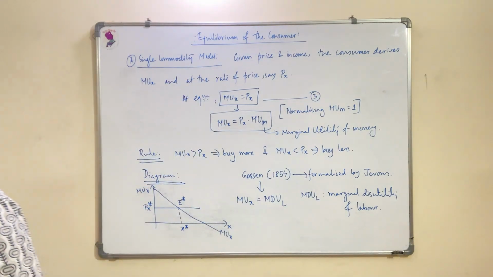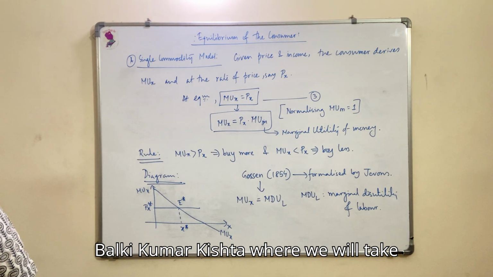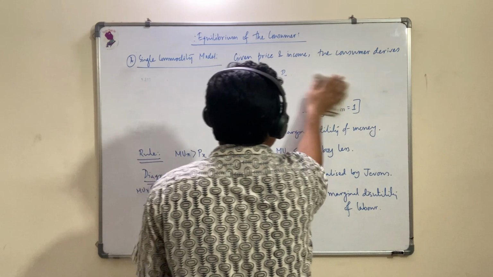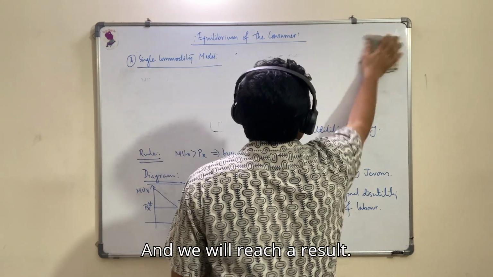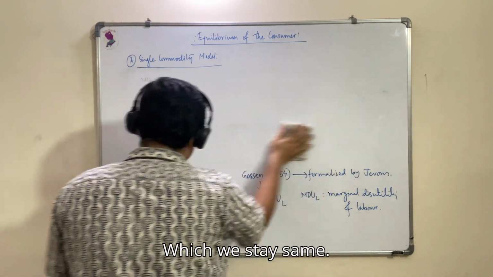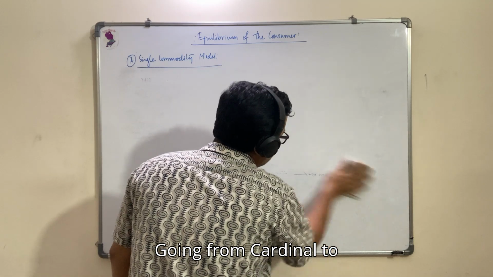Okay. All right. So now we'll move on to the multi-commodity setup, where we'll take essentially two commodities, and we will reach a result which will stay the same going from cardinal to ordinal.